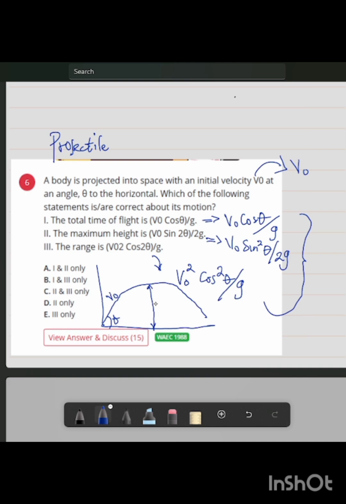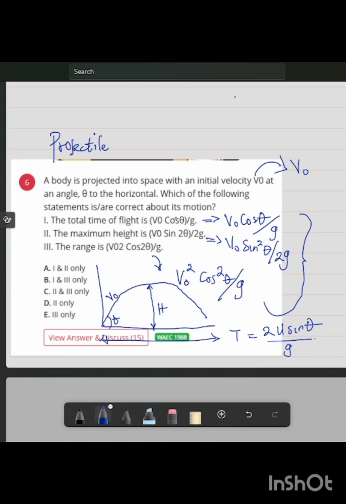There are things you have to take into cognizance here: the maximum height, the horizontal distance traveled, which happens to be the range, and also the time of flight. In physics, for an inclined projection, the total time of flight is given by 2u sine theta all over g.